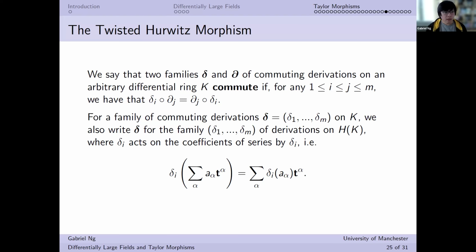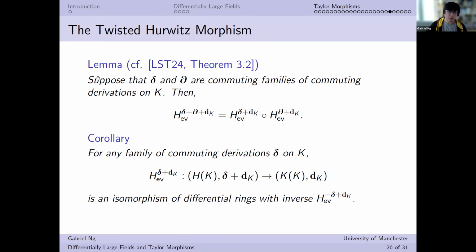Okay. So the main lemma of this construction is that if we suppose that delta and partial are commuting families of commuting derivations on this ring K, then the result of taking H of EV on the ring where we take the derivation delta plus partial plus d_K is equal to the composition of taking them separately.